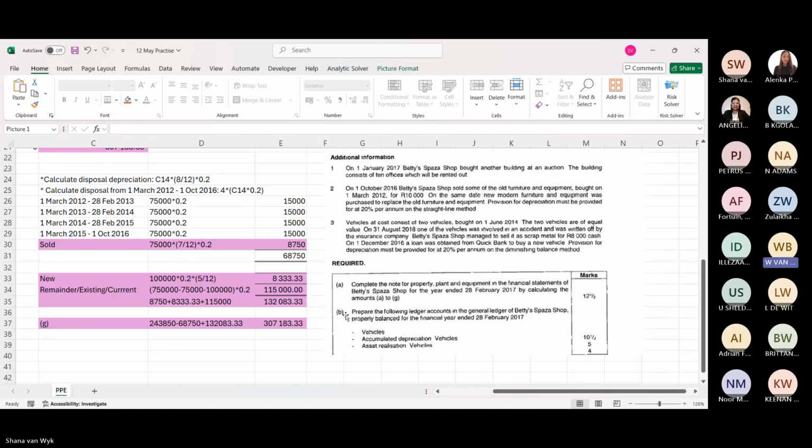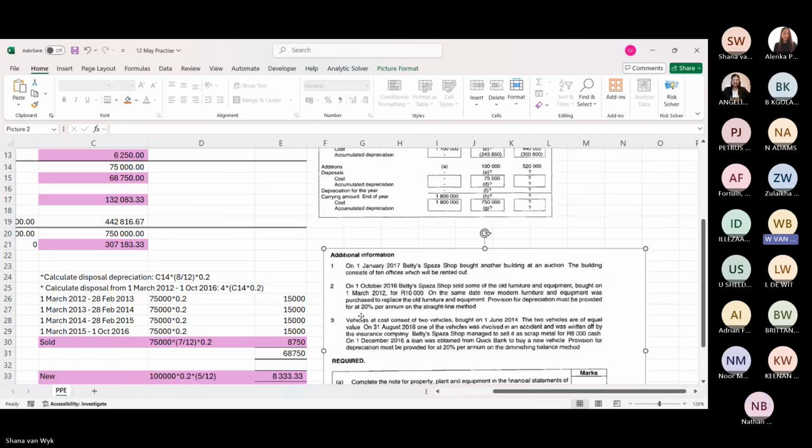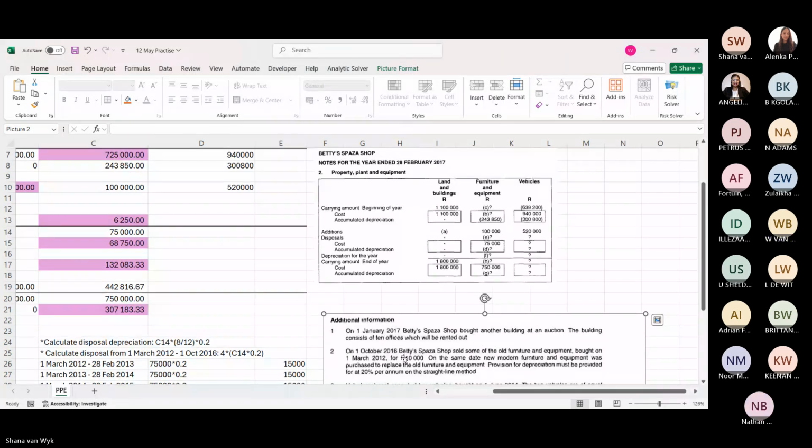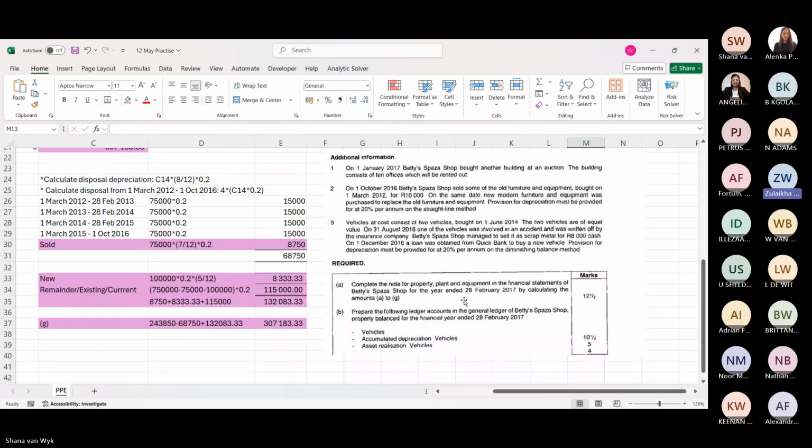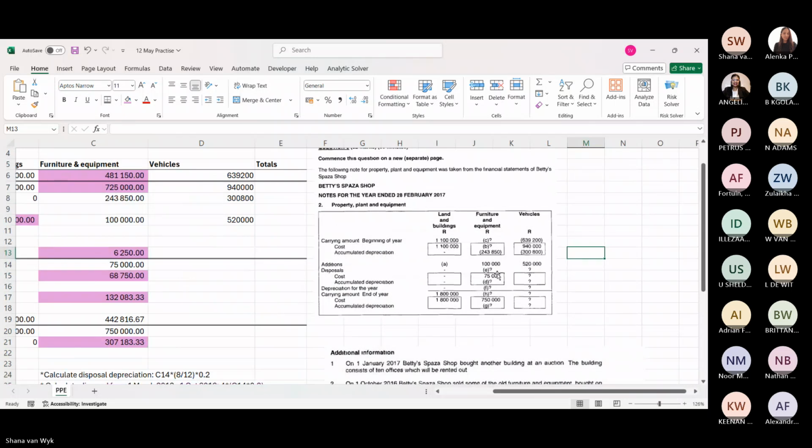And we are working on G. So I'm missing C, D, E, F. Can you see it on the screen? She's talking about the information, Aziza. Yes, but by A it says you must do the PPE by calculating the amounts A to G. So that's what we're doing first. Okay, sorry. Does that make sense?